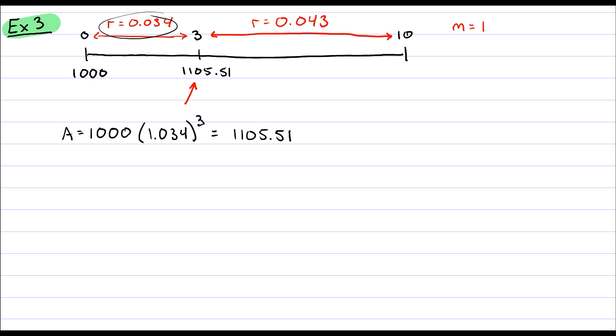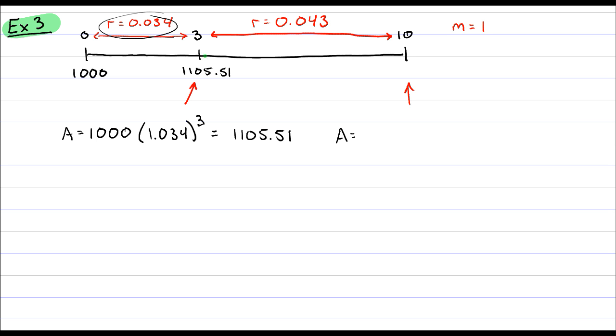So now, I want to figure out how much money he has at time 10. So, I want to figure out the accumulated amount. Actually, let me clarify something real quick. I don't care at all about what happened before time 3 now.